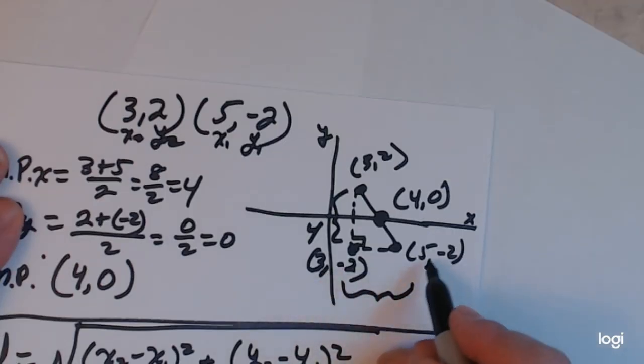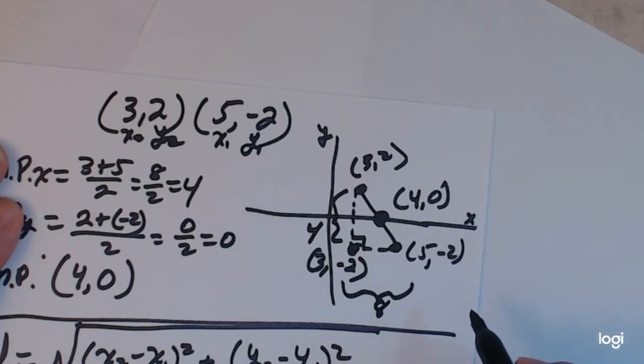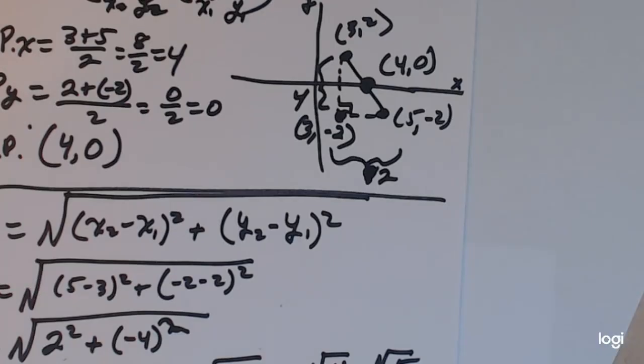And from 3 to 5, that'd be 8 units. Three to 5 is 2 units, sorry. I knew I was doing something wrong there. That was the pregnant pause.